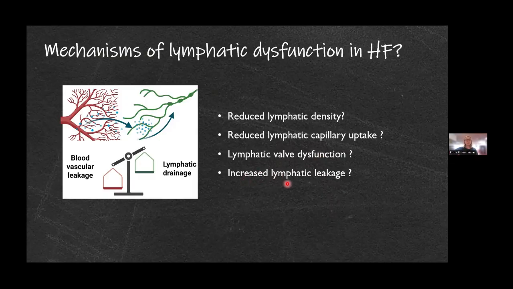Or, as I think Véronique mentioned, there's also increased lymphatic leakage that can occur in the pre-collector or collector segments. This has particularly been described in metabolic disorders, so in hypercholesterolemia, but also in diabetes and in obesity. So if we look at these different items, which ones may be involved in heart failure?